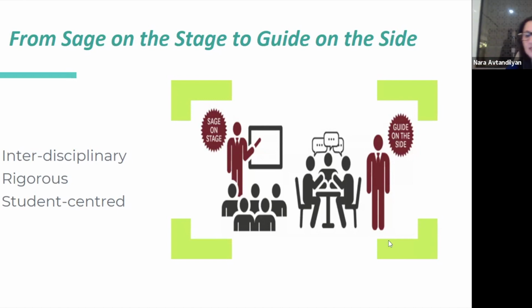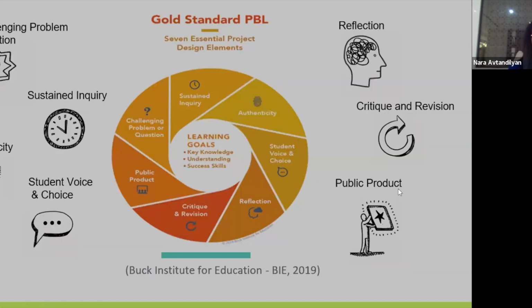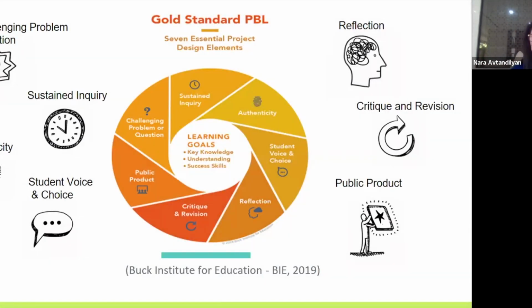My next slide is about the Buck Institute for Education that has done years of research on project-based learning. They explain that with PBL, students investigate and respond to an authentic, engaging, and complex problem or challenge with deep and sustained attention.